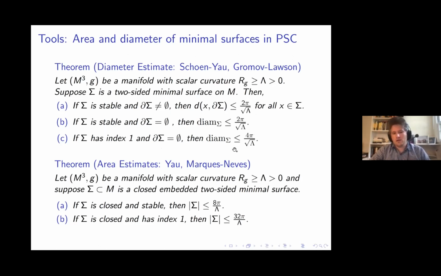And index 1 and no boundary, I get another bounded diameter also. Okay. And similarly, you also get that with an ambient positive scalar curvature lower bound, you can bound the area of a stable surface from above, or the area of an index 1 surface from above. So we have these two things. Okay. So that's the starting point.